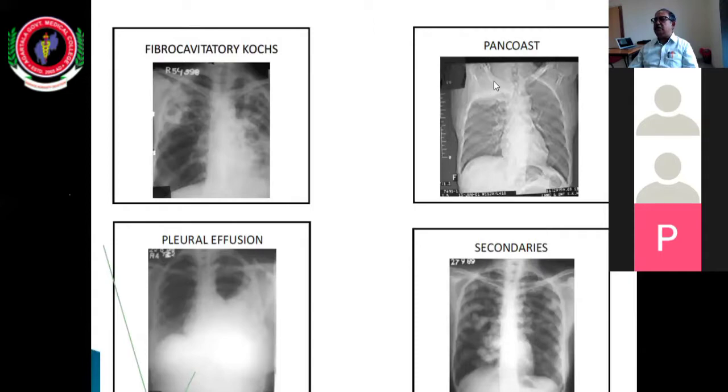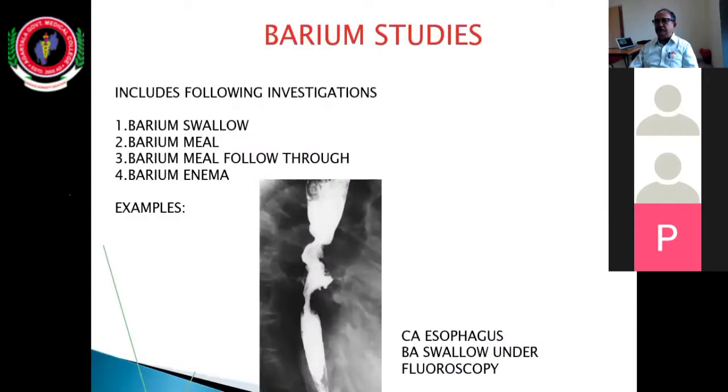And there is also destruction of the upper first and second rib. So it is a case of malignant tumor of the lung, which is called the Pancoast tumor. This is also a chest X-ray showing a left-sided pleural effusion. And this X-ray shows multiple cannonball opacities in both lung fields, suggestive of secondaries in the lung.